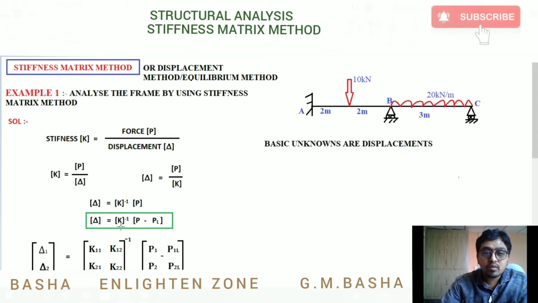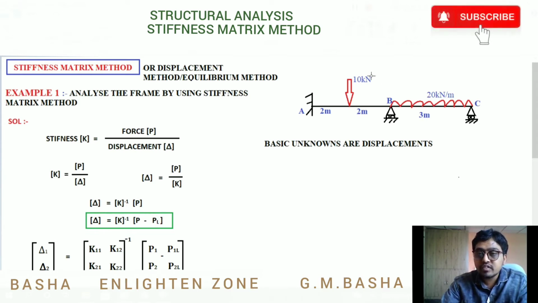Again, K11, K22 are the stiffness matrices, which can be found by solving this problem. This P refers to the final forces, that is, external forces, and this PL refers to the forces due to the given loading conditions.